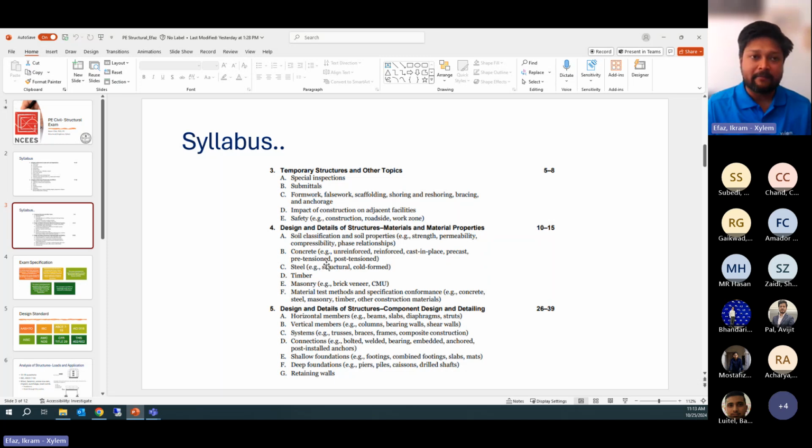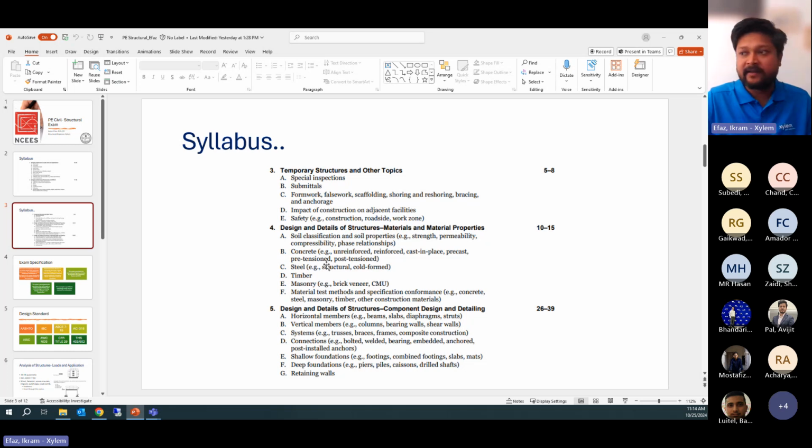But I would at least get some basic ideas about timber and masonry, like some basic beam design for reinforced and unreinforced masonry, and the stud design and beam design for timber. I've seen that the questions from timber and masonry are not very in-depth, they're pretty basic. So if you have a little bit of an idea, you can answer those.